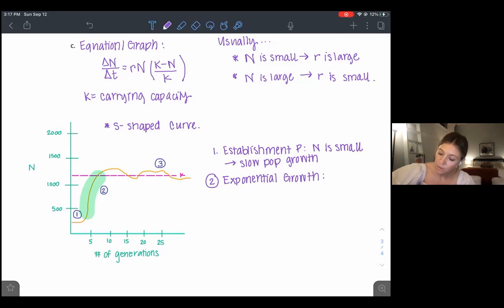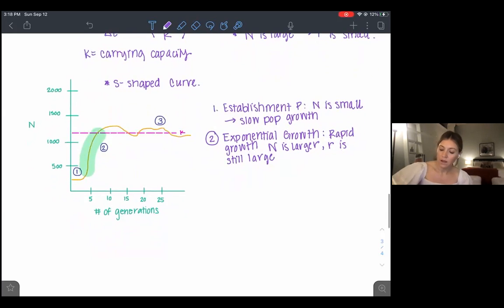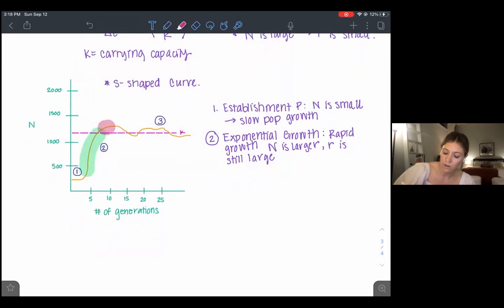Okay, that's where we have rapid growth again, with N being fairly large, getting larger and larger. And our R at that point is still pretty large.